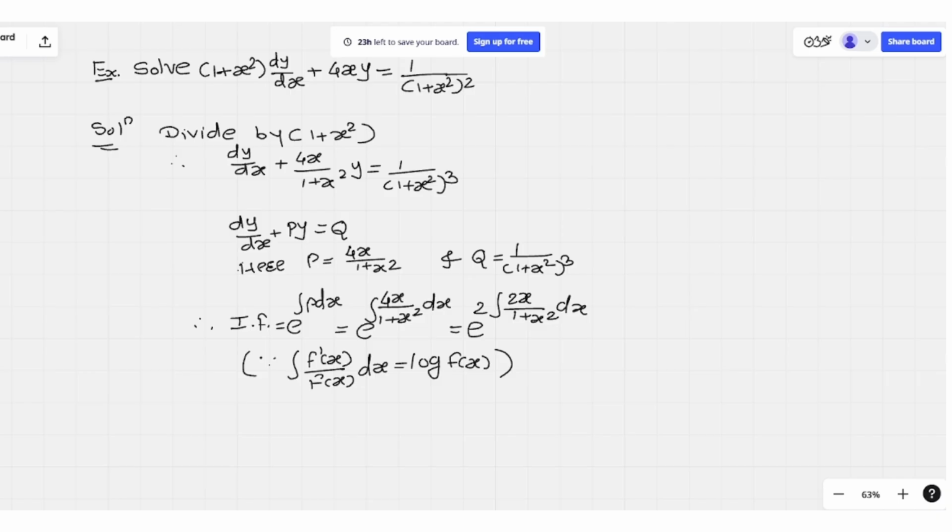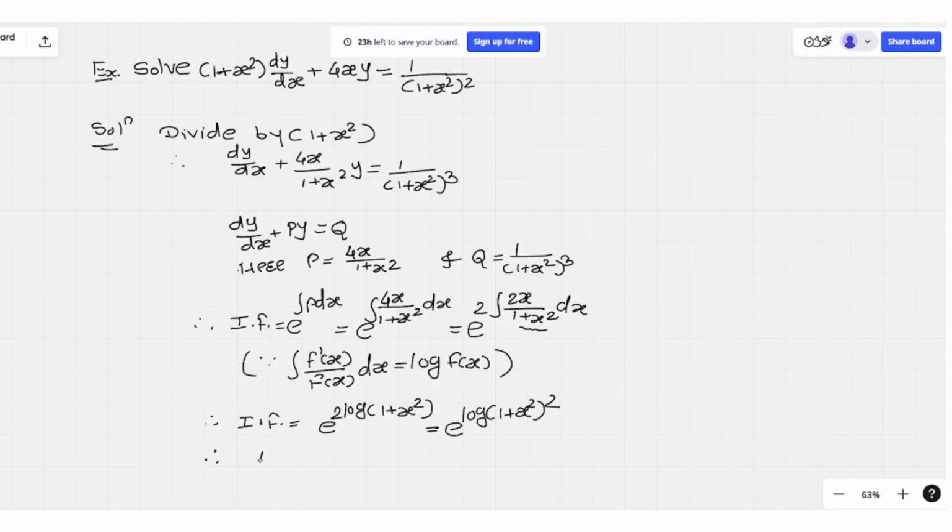Here the derivative of 1 plus x square is 2x. Therefore, the integrating factor is e raised to 2 times log of 1 plus x square. We can write this as e raised to log of (1 plus x square) whole square.